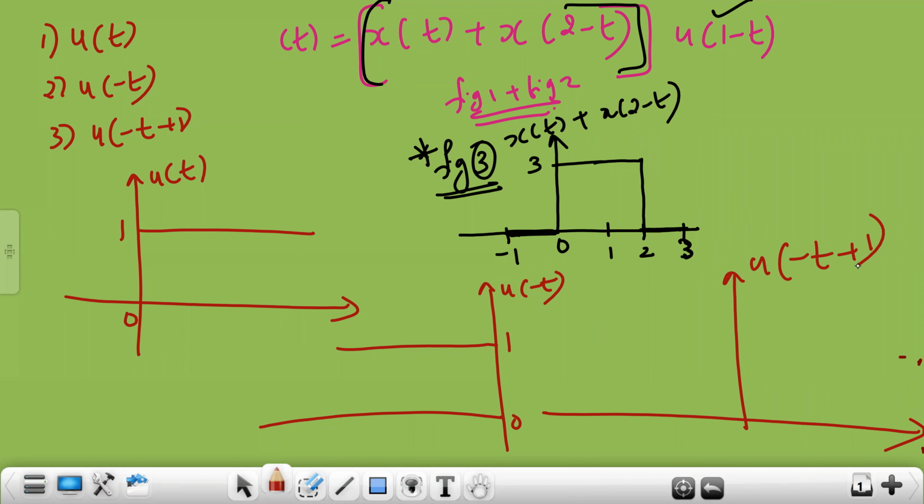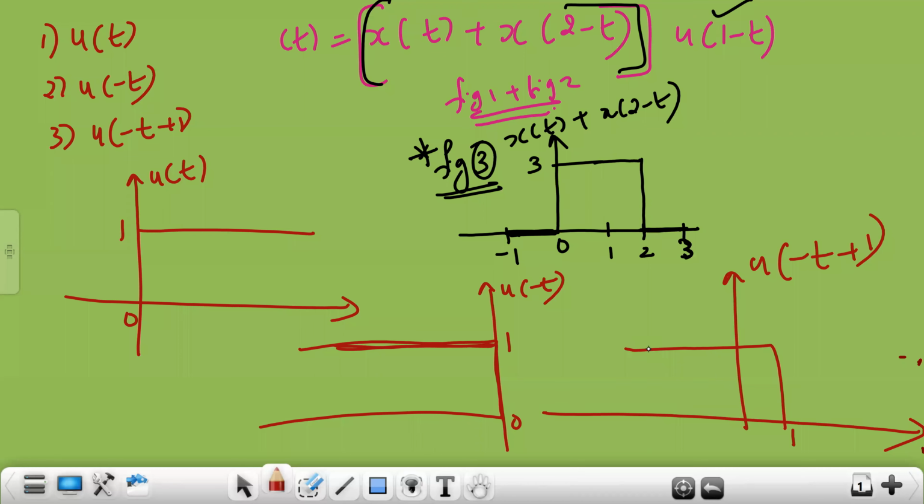Right side, sir. Yes, right side by 1 unit of time. As a result, it is starting from +1 towards negative axis. So this is the step that you have. The step is starting from 0 and it is approaching towards negative infinity. But the same step I will be shifting, starting from +1 towards negative side. Okay.